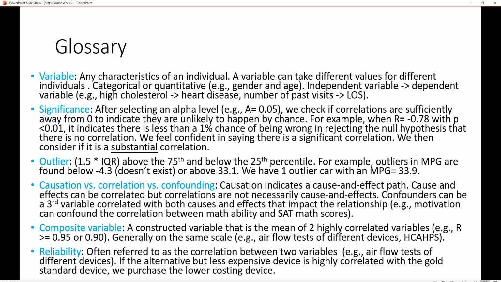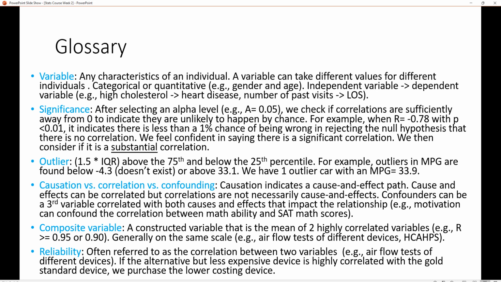The next term is an outlier. This is a value that we can calculate from the interquartile range, which we discussed last week. The formula is 1.5 times the interquartile range, and we add that to the 75th percentile, and we subtract that from the 25th percentile. Values above and below that would indicate outliers.